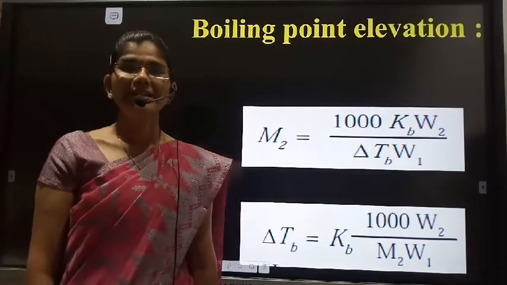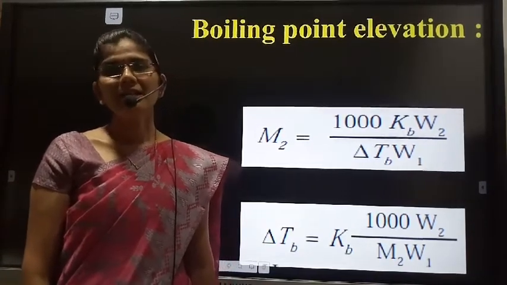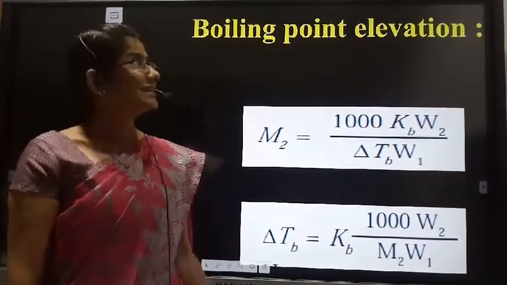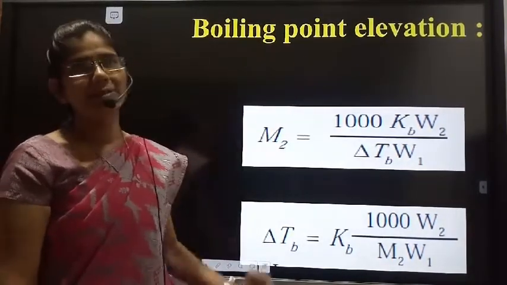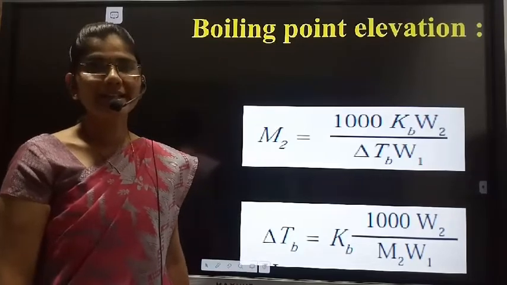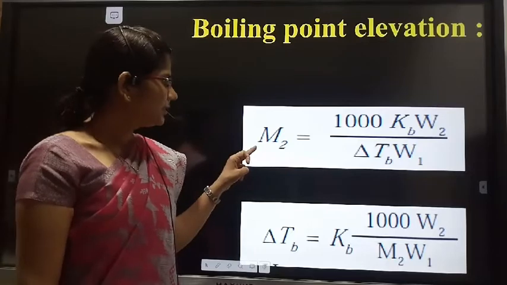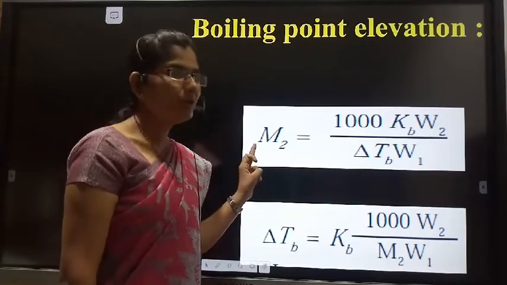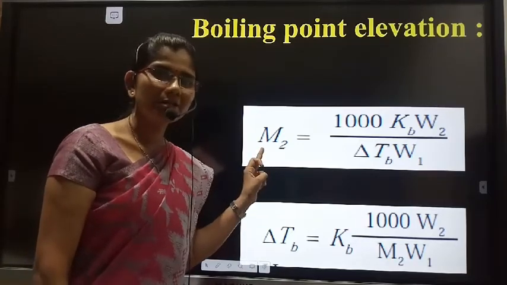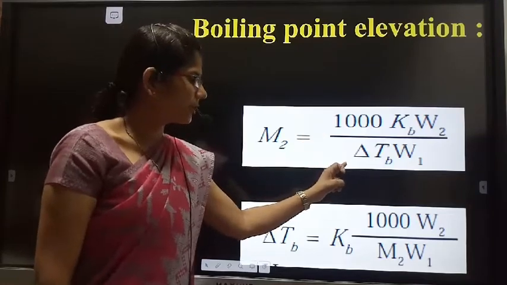In the last lecture we have done our second colligative property, that is elevation in boiling point. There we have seen the relation between M2, the molar mass of the solute, and that colligative property.